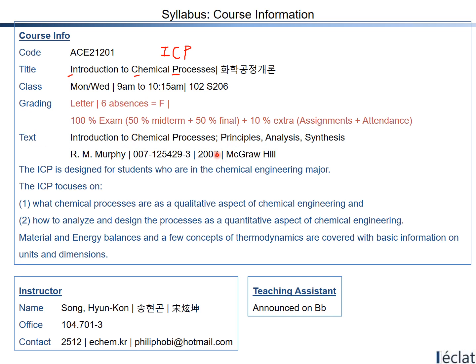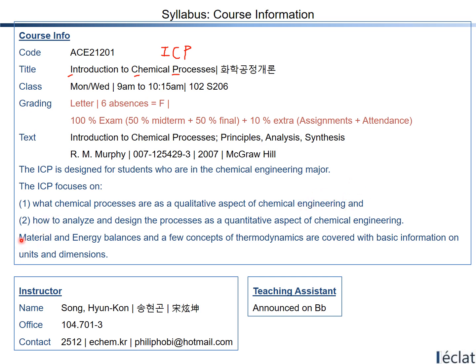Textbook, this one. The ICP, again Introduction to Chemical Processes, is designed for students who are in the chemical engineering major. This class focuses on two aspects. The first aspect is the qualitative one, and the second one is the quantitative one. The first is what chemical processes are, as a qualitative aspect of chemical engineering.